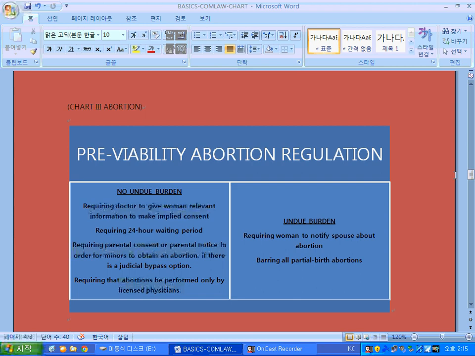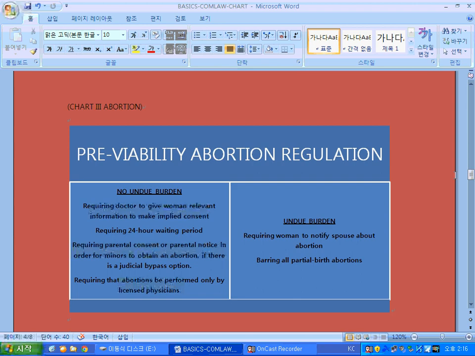The state's interest in the health of the mother becomes compelling at approximately the end of the first trimester, prior to which mortality in abortion is less than mortality in normal childbirth. Only from this point forward may the state regulate the abortion procedure as needed to preserve and protect maternal health.